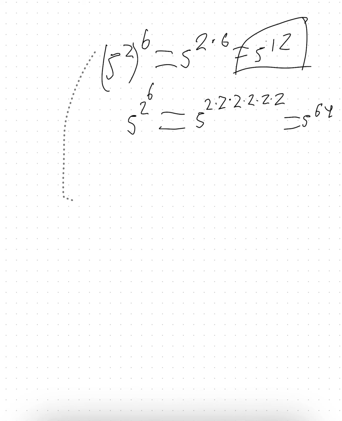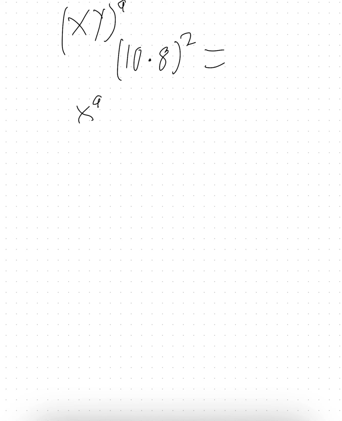Again, not a bad property. Not too bad. Let's do this one. What if we have 10 times 8 all raised to the second power? Well, we said before that when two numbers are being multiplied, for example x, y, raised to the a power, that'll equal x to the a, y to the a.